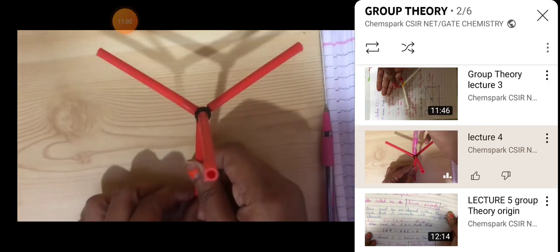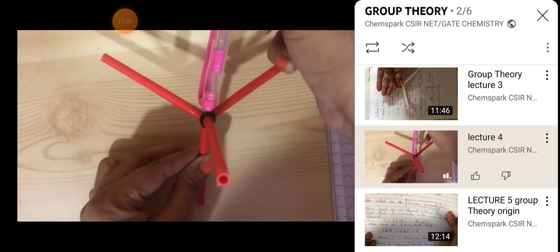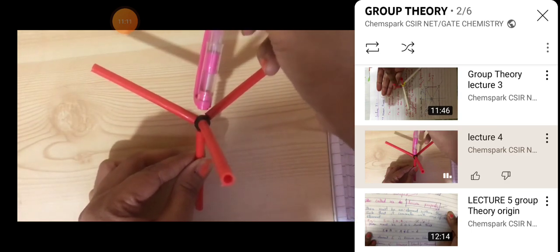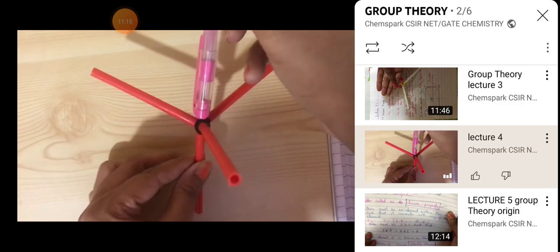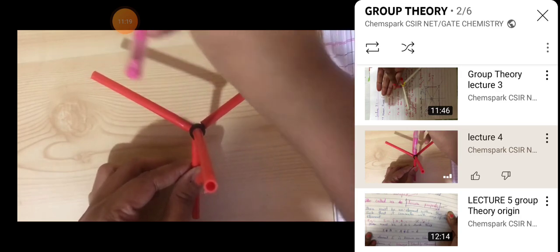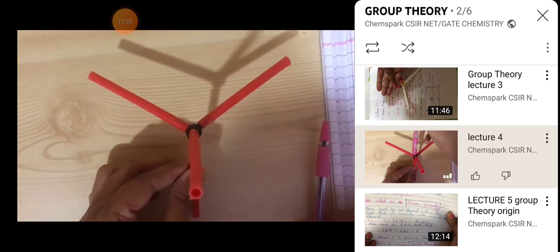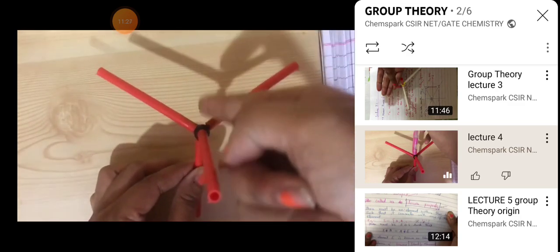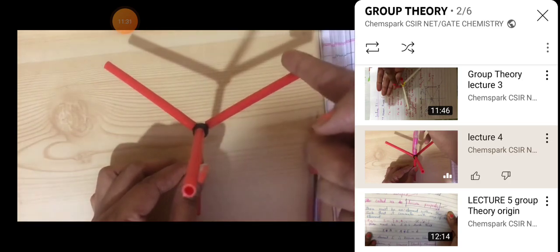Now by any means, if I can pass an axis, see, this axis does not exist in reality, but it is an imaginary axis. Why am I dividing? Because one hydrogen is here and the other hydrogen is here. So if I could divide this molecule in this format, considering this as an axis, one hydrogen is here and the other hydrogen is here.